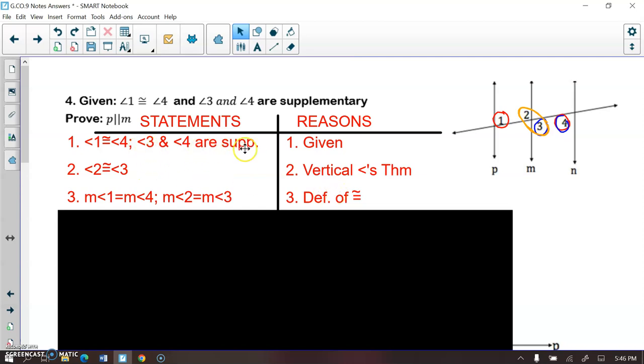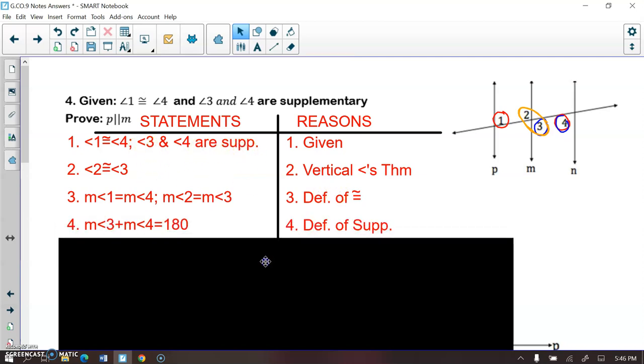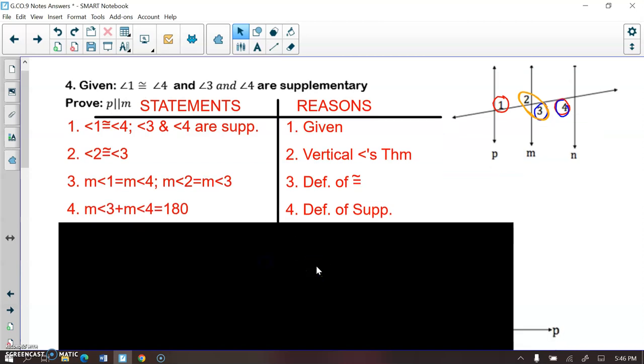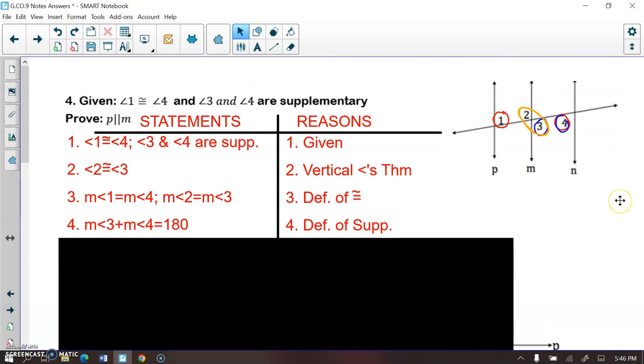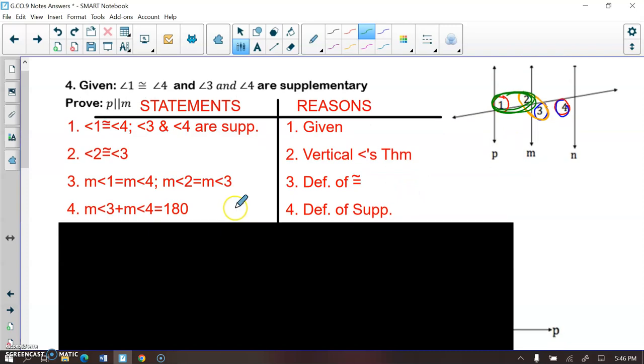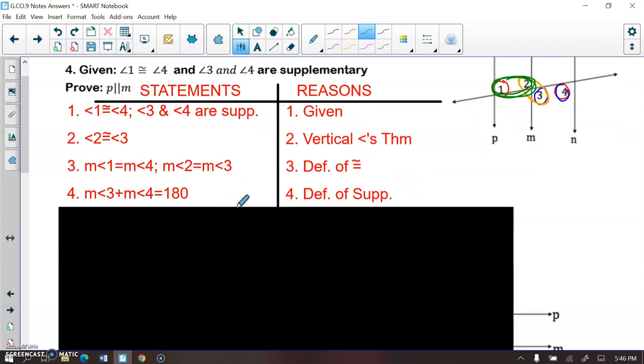So then, using this step, angle 3 and angle 4 are supplementary, I can say that the measure of angle 3 plus the measure of angle 4 equals 180 degrees. Now, in order to prove that P and M are parallel, I would want to prove that angle 1 and angle 2 are supplementary, or that they add up to 180. And right now I cannot do that.